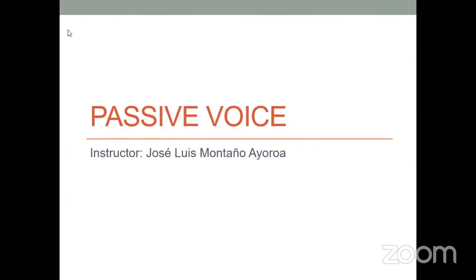Okay. Passive voice. You use passive voice when you're trying to make the object of the sentence, trying to put it in a way that this was performed by the action of the main verb, something like this, like switch the way you show the performance of the verb in a sentence.